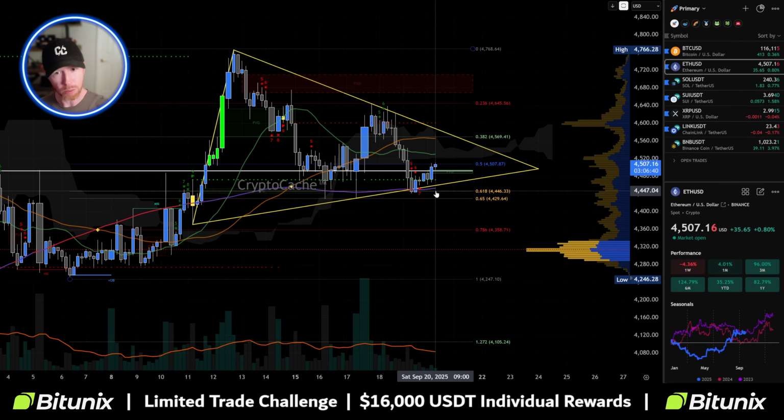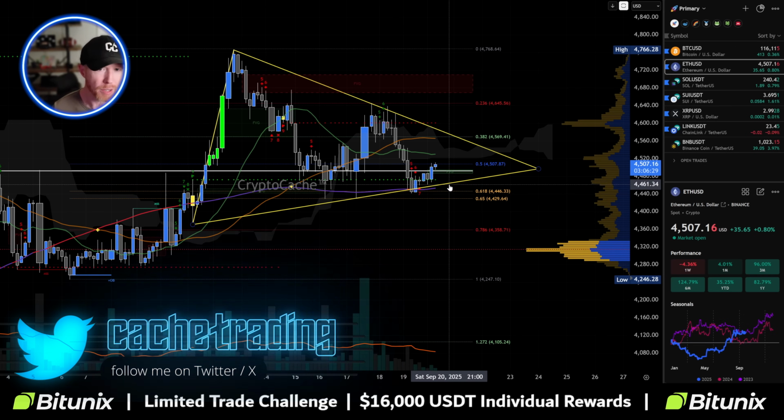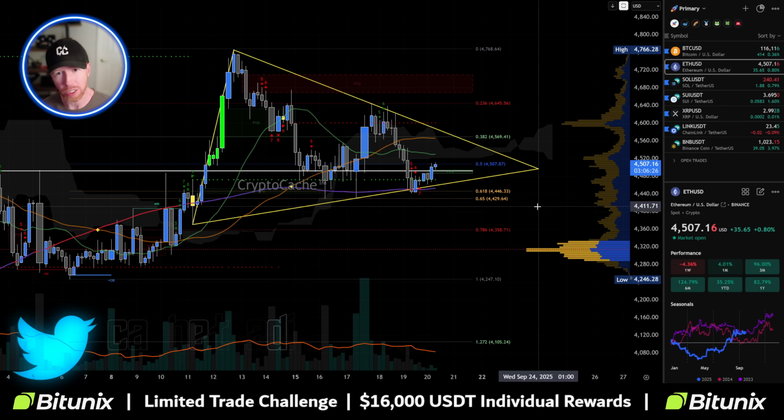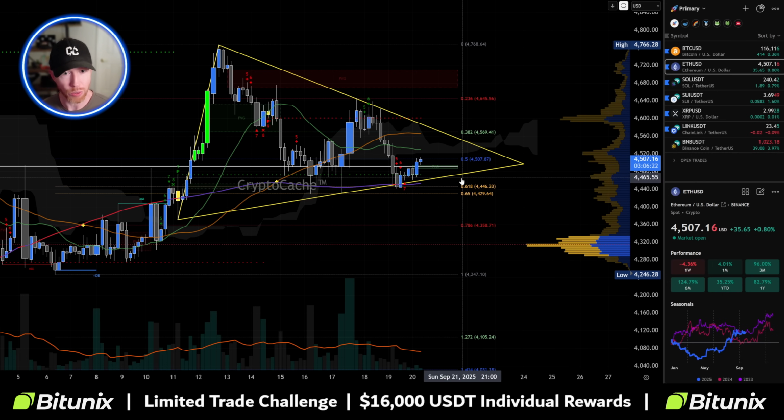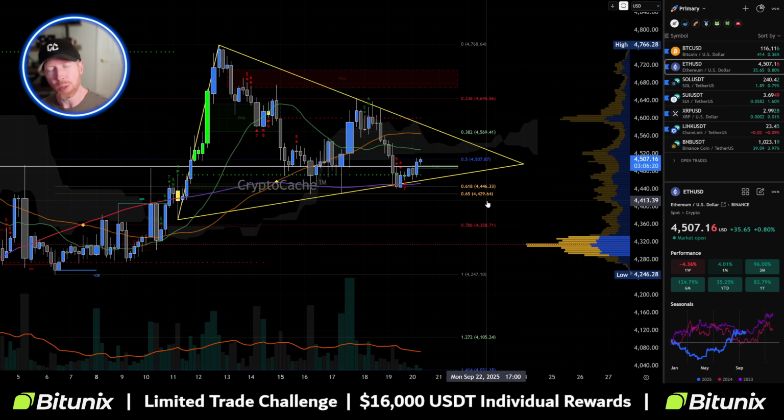So even though we have some confluence there at that 0.618 fib level at 44.50, that level has to be construed as a support range, but also the more often you test something, the more likely it is to break. So there's a good chance if we continue to establish lower lows and lower highs, which we have done so far, that we're going to continue a bit lower.